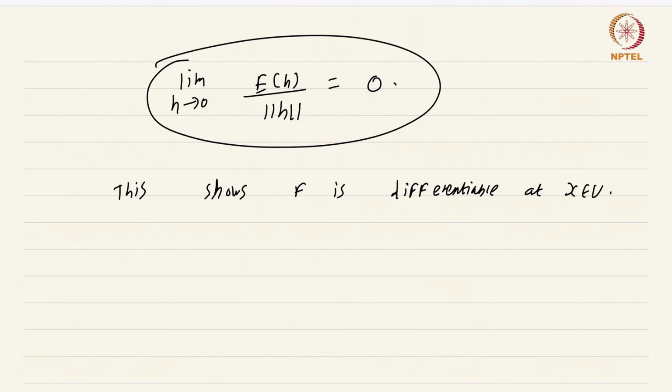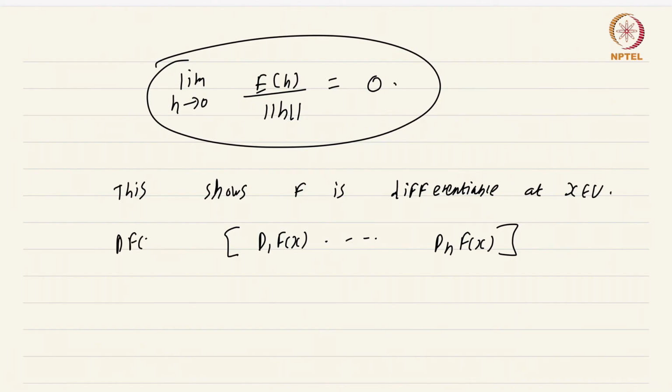Not only does this show that f is differentiable at x in U, we get the matrix representation of the map. It's just d_1 f(x), comma, dot dot dot, d_n f(x). This is the expression for the derivative in terms of the standard ordered basis on Rn and the single vector 1 on R. With respect to this pair of bases, this is going to be the expression for the derivative.